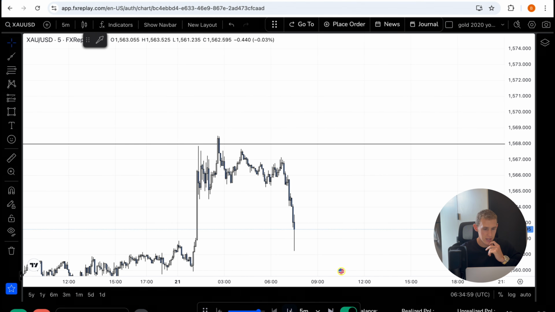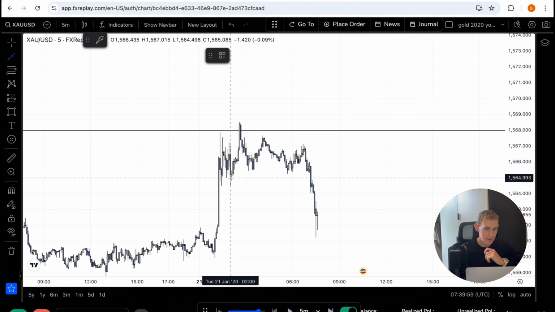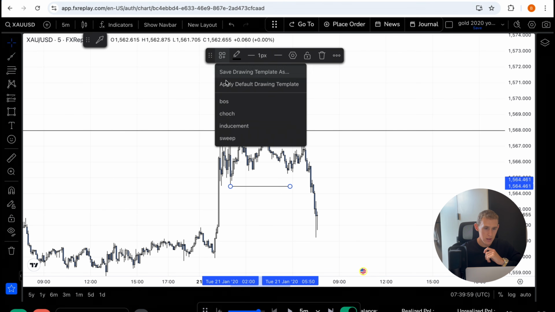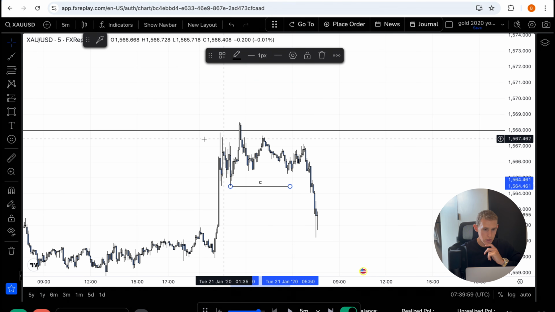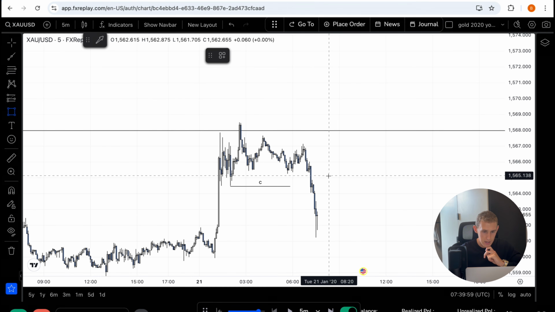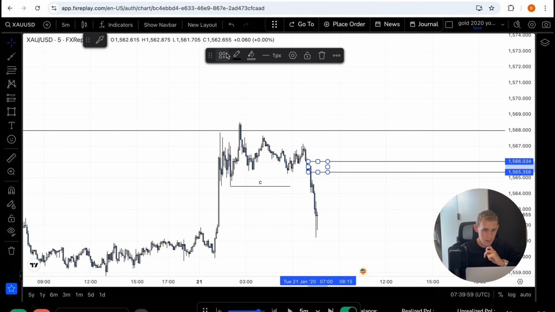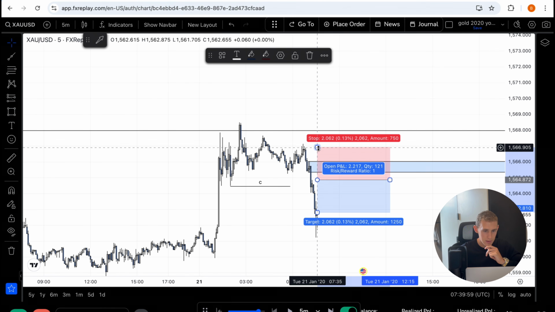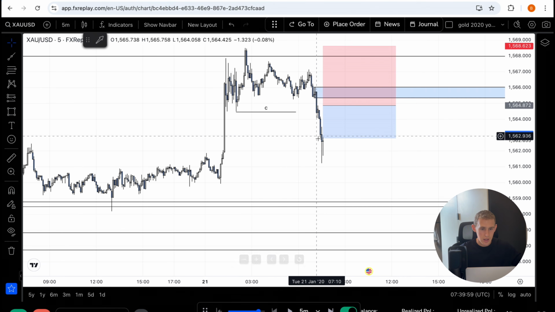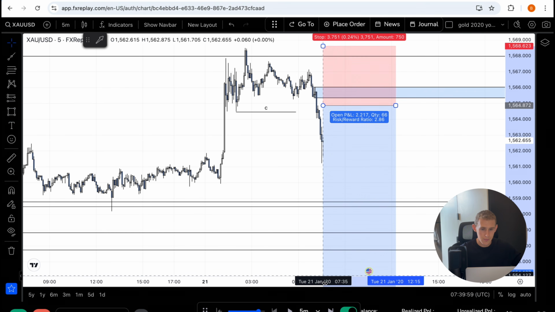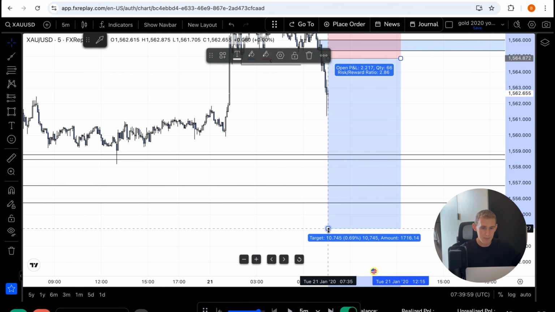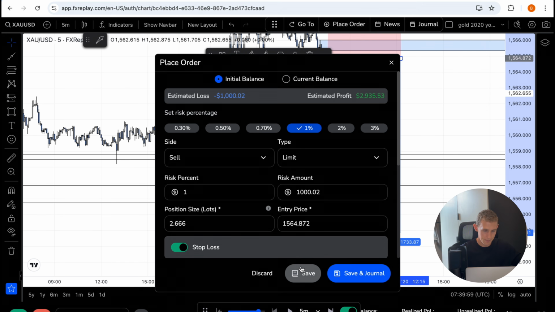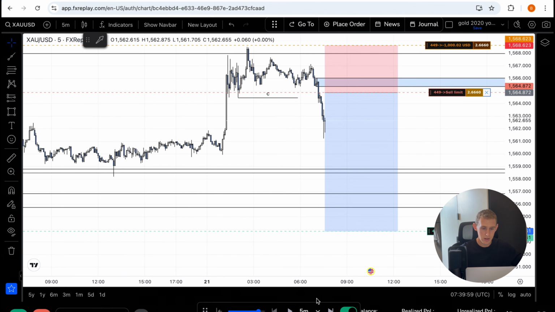Let's see how it reacts to this though. Yeah, there you go. So you're now getting that sell-off from this area. What day was this on? Tuesday. All right, so let's see if we can see a pullback into the supply. Again, I'm just going to enter on that last bit of liquidity before the supply and go for a 1 to 3. Slightly riskier, like I said, because it is counter trend, but let's have a look.